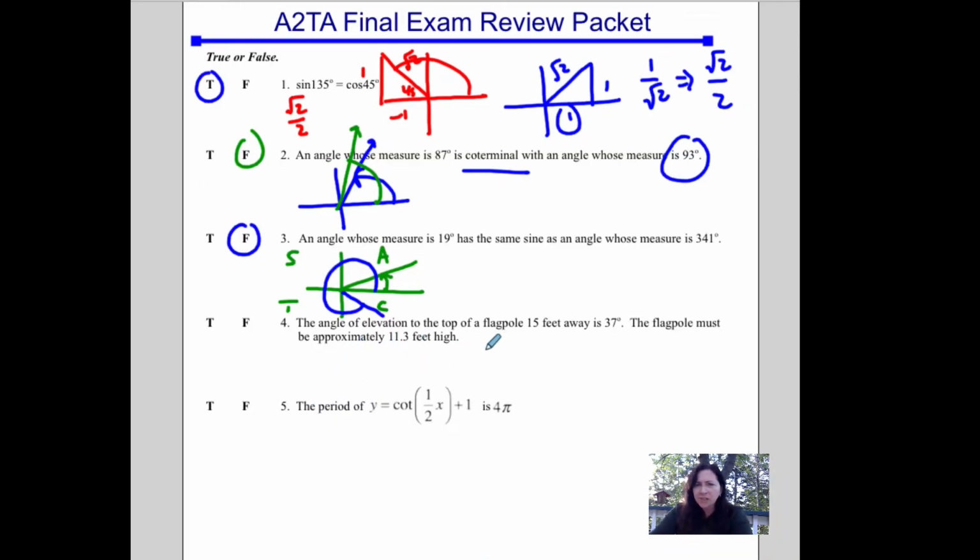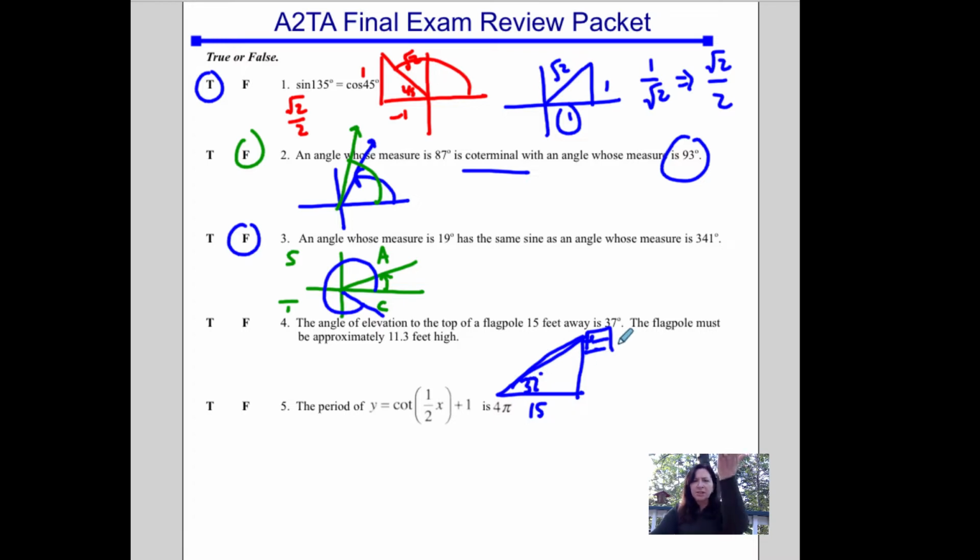The angle of elevation to the top of a flagpole, okay, so let's say this is my flagpole here, and there's my flag, apropos because it is Memorial Day weekend. The angle of elevation to the top of a flagpole that's 15 feet away, and that's always going to be ground distance, is 37 degrees, and so that's 37.